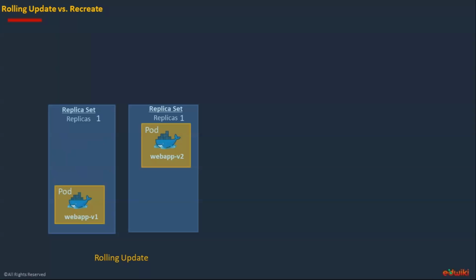Now at this time, how many pods are there, guys, in order to serve the traffic? There are two pods. One is the old version, one is the latest version, right? Of course, during this time, one user accessing my website may get the old version. Another user accessing my website may get the latest version as well, right?